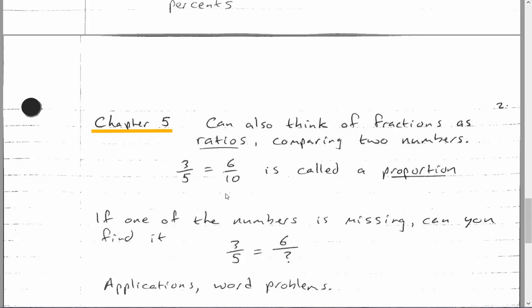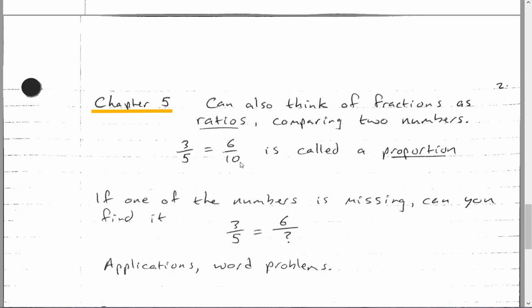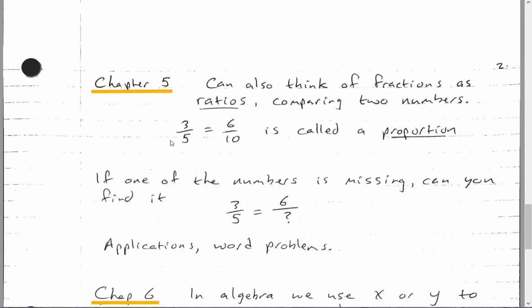A proportion is a situation where you have two ratios that are equal, or in other words, two fractions that represent the same number, equivalent fractions. So this is a proportion. These represent the same number. If you reduce 6/10, you get 3/5.